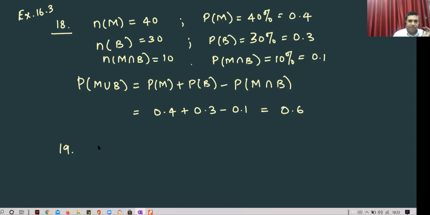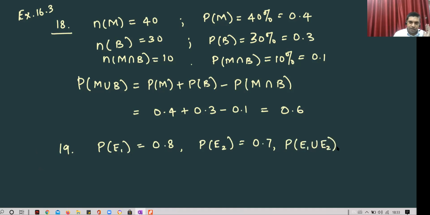So probability of passing exam 1 is 0.8. Probability of passing exam 2 is 0.7. Probability of passing either of them is 0.95. Then what is the probability of passing both?